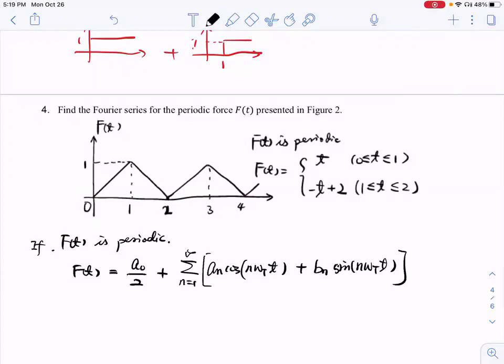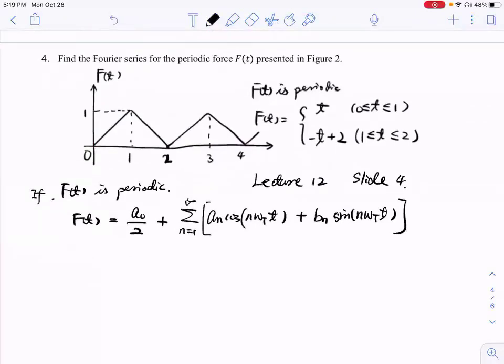That's called the Fourier series. The equations can be found on lecture 12, slide 4. First of all, you need to understand what omega_T is. Omega_T is 2 pi over T, where T is the period of f(t).